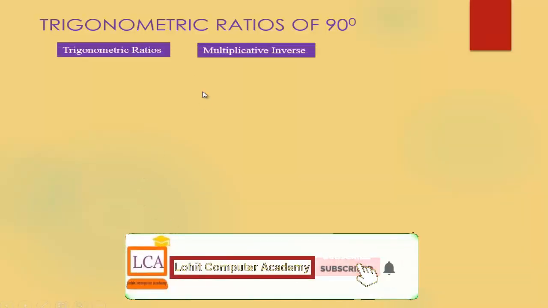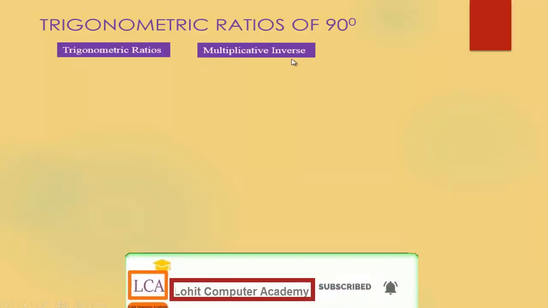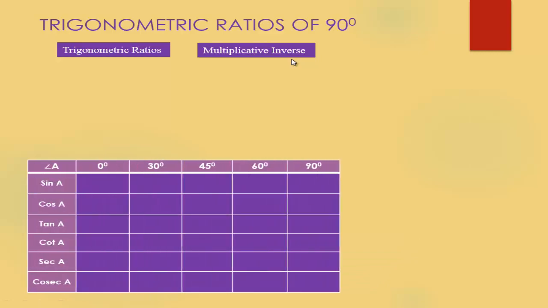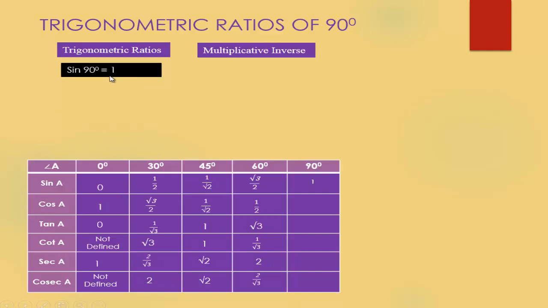Now, let us see the trigonometric ratios and multiplicative inverses for the angle 90 degrees. In the previous class, we have already learnt the trigonometric ratios of 45 degrees, 30 degrees and 60 degrees, and in this class, we have completed the trigonometric ratios of 0 degrees. Now let us see for the angle 90 degrees. Sin 90 equals 1 and the multiplicative inverse of sin means cosecant.